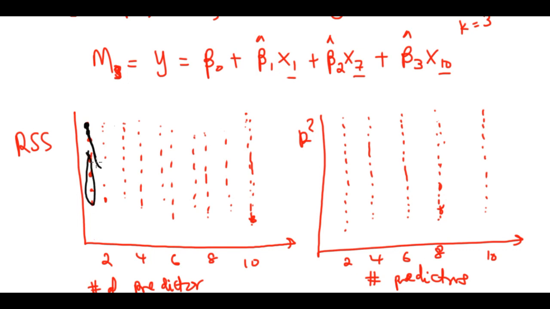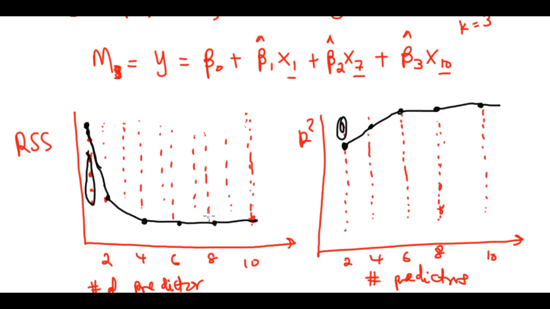What you find is a pattern that is like this. For your R squared, you're going to find a pattern like this, because your R squared always increases and your RSS always decreases.